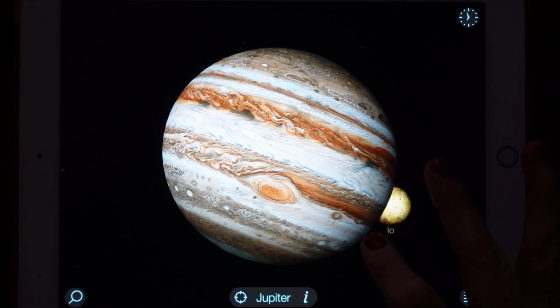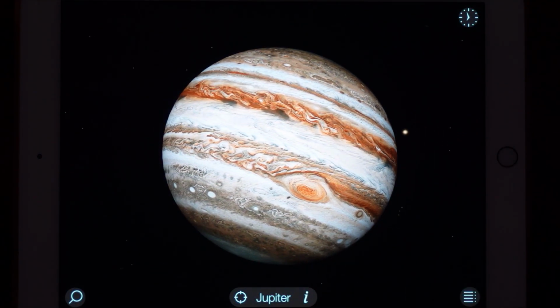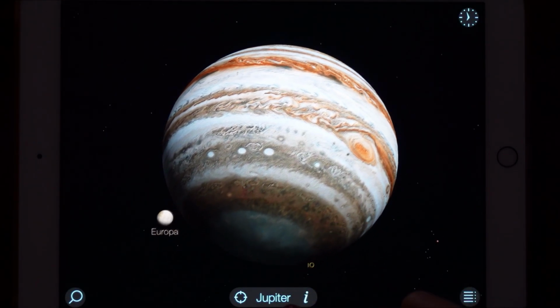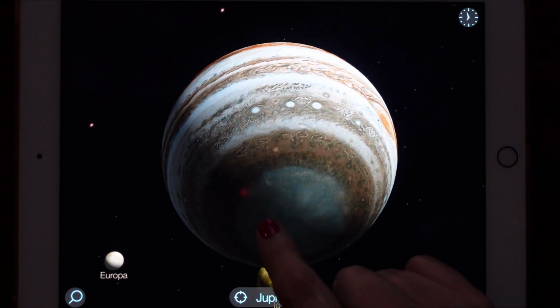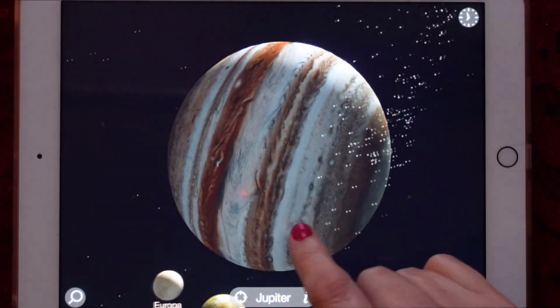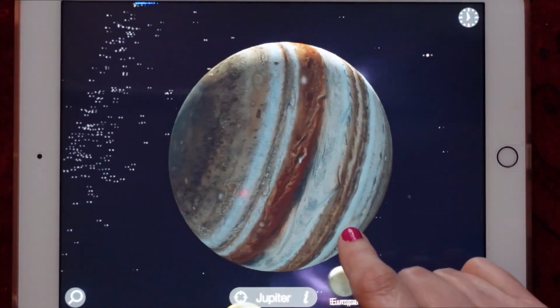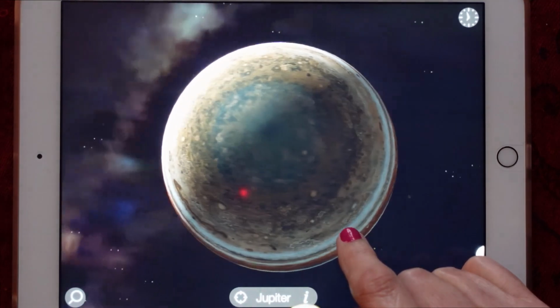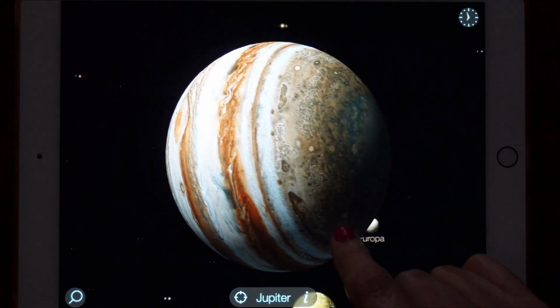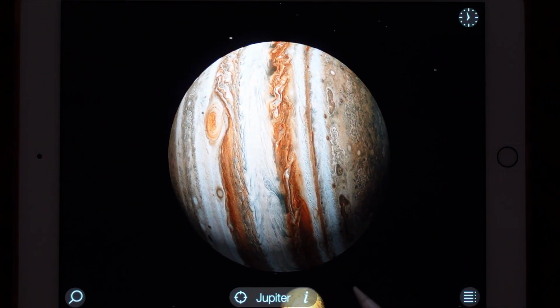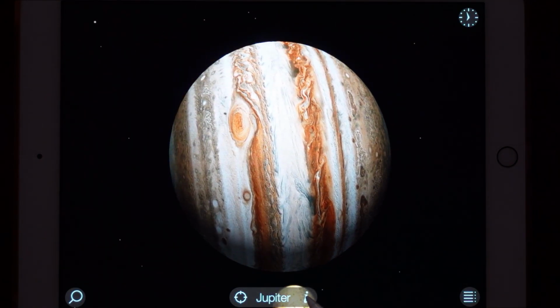There's Jupiter's red spot just there. It's quite a beautiful planet, isn't it? It almost looks marbled in this picture. Okay, let's find out more about Jupiter.